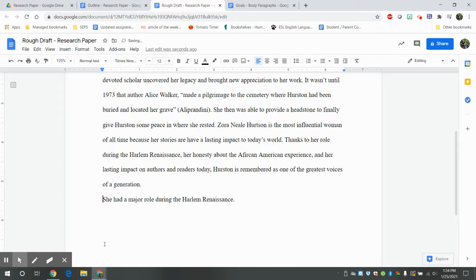So like I said, I'm going to tab that over if I'm using a computer, and I'm going to figure out a way to turn this into almost a mini thesis for the paragraph that I'm going to be writing here. Okay, so instead of saying she, which is a very vague pronoun at this point, I'm going to reintroduce my person almost.